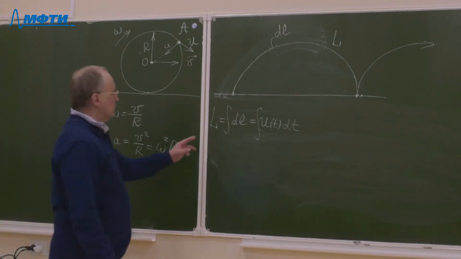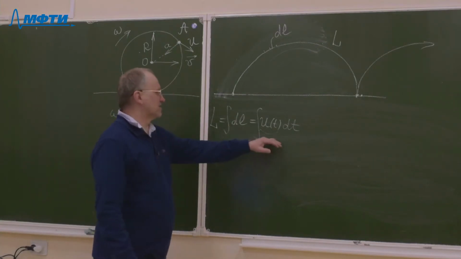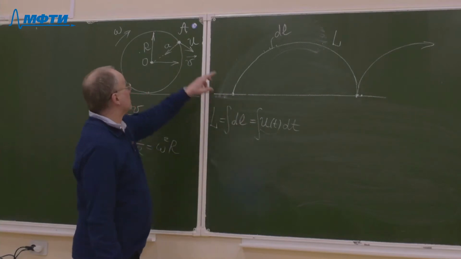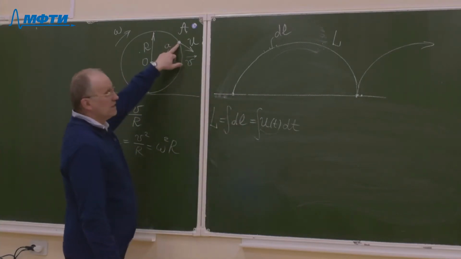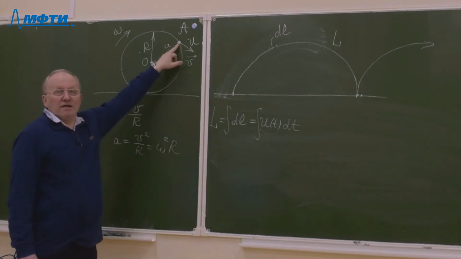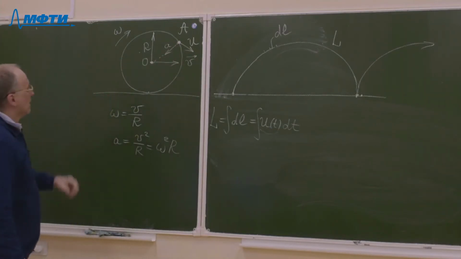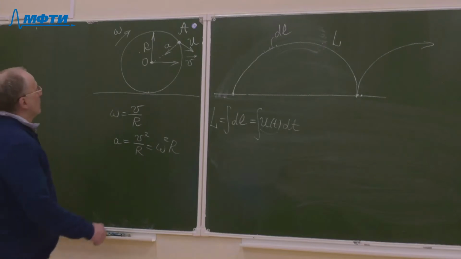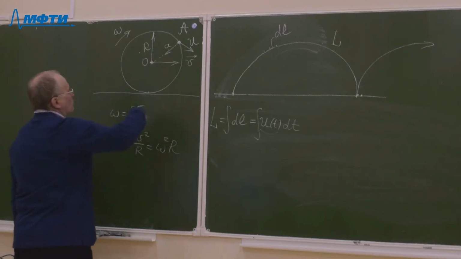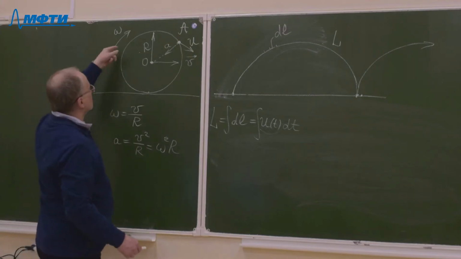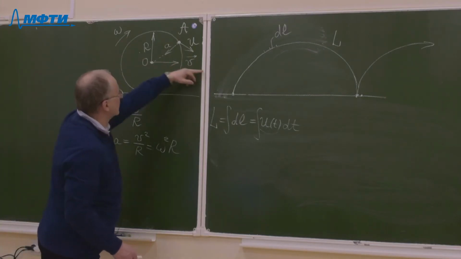So in order to implement this idea, we have to determine u of t, the velocity of point A, in the reference frame associated with the ground. In this reference frame, the wheel moves both rotationally and translationally.